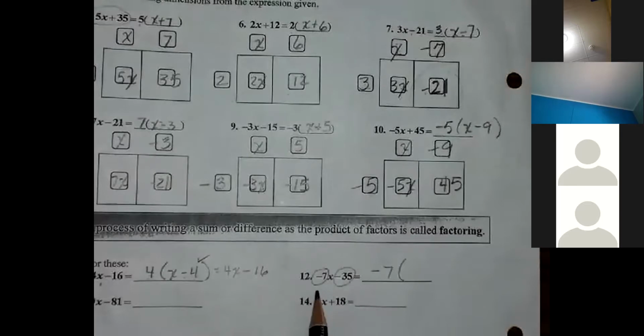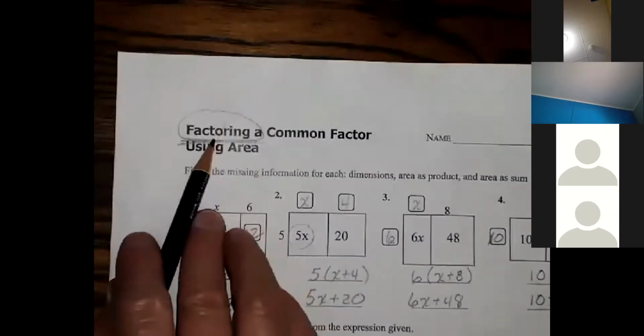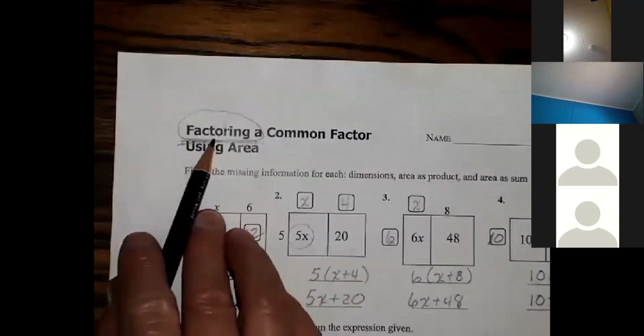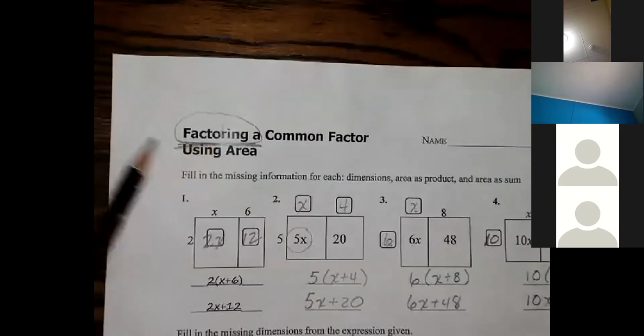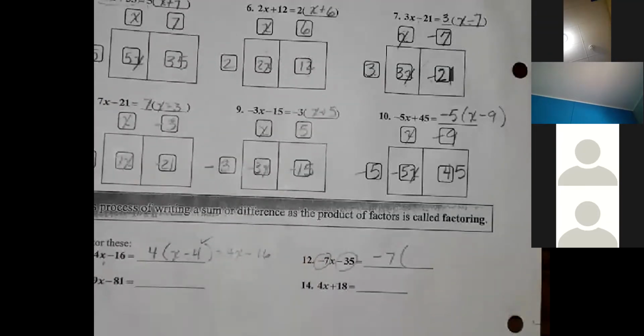When you missed the first week of class, we talked about factors, and a factor is a number that you multiply by. When you're told to factor something, or when you're doing a worksheet on factoring, you're looking for what number you can multiply by.